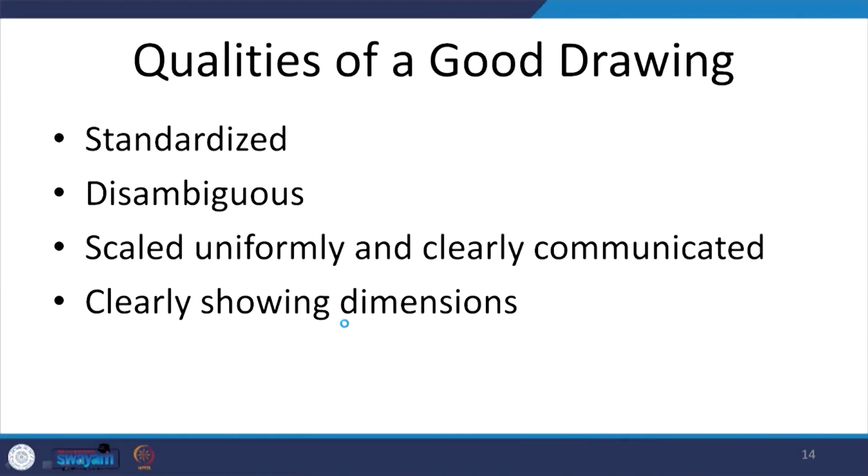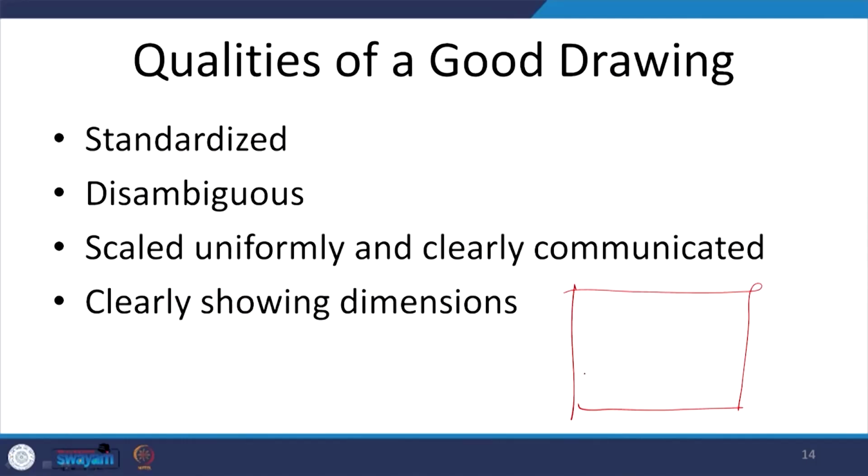The symbols and representations used in the drawing have to be the standard ones. Second, the moment it is standardized, it will automatically become unambiguous, but still we have to try to maintain that the drawing is not ambiguous at all. It should convey what it meant to convey and not something else.